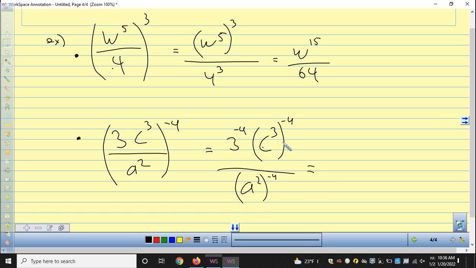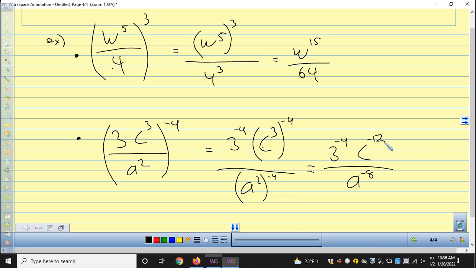Let's deal with these exponents first, so I'm going to leave this written as 3 to the negative 4 for now. Here we have a power to a power. We multiply the exponents, so it's going to be c to the negative 12. And here we have a power to a power, so we multiply the exponents, a to the negative 8.